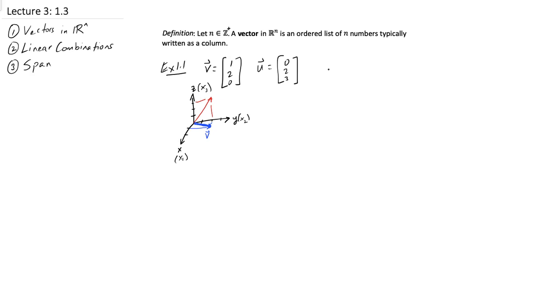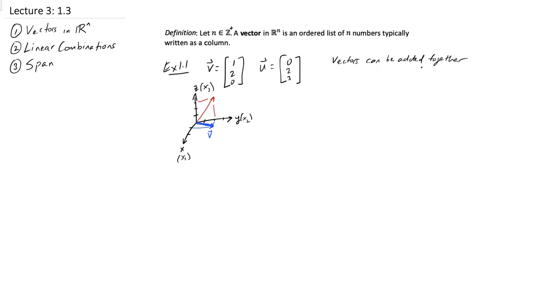Okay, now let's look at adding and scaling vectors. So let me just make this a general statement here. Vectors can be added and scaled, and when we scale them, we scale by real numbers.